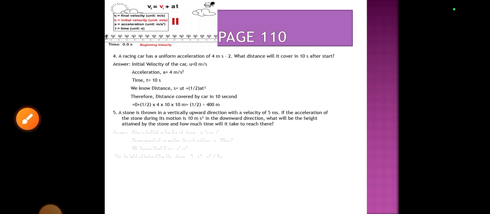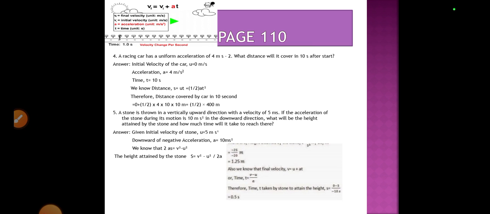Next question. A stone is thrown in a vertically upward direction with a velocity of 5 meter per second. If the acceleration of the stone during its motion is 10 meter per second square in the downward direction, what will be the height attained by the stone, and how much time will it take to reach there?